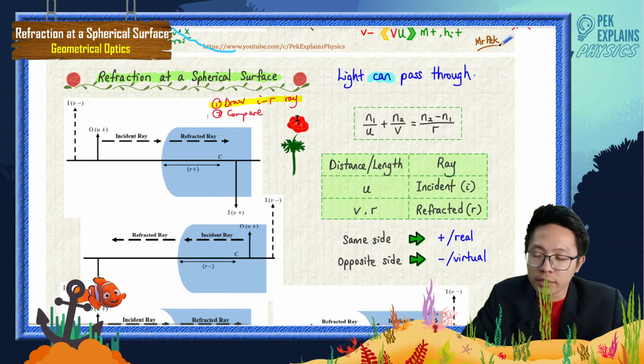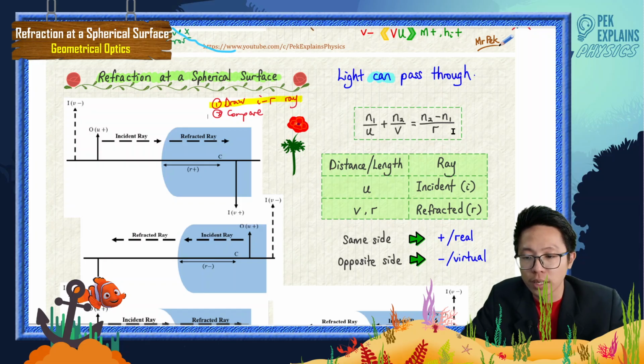Now, what is the equation involved in this part? It is n1 over u plus n2 over v equals n2 minus n1 over r. N1 is for the object, or we can say the incident ray.